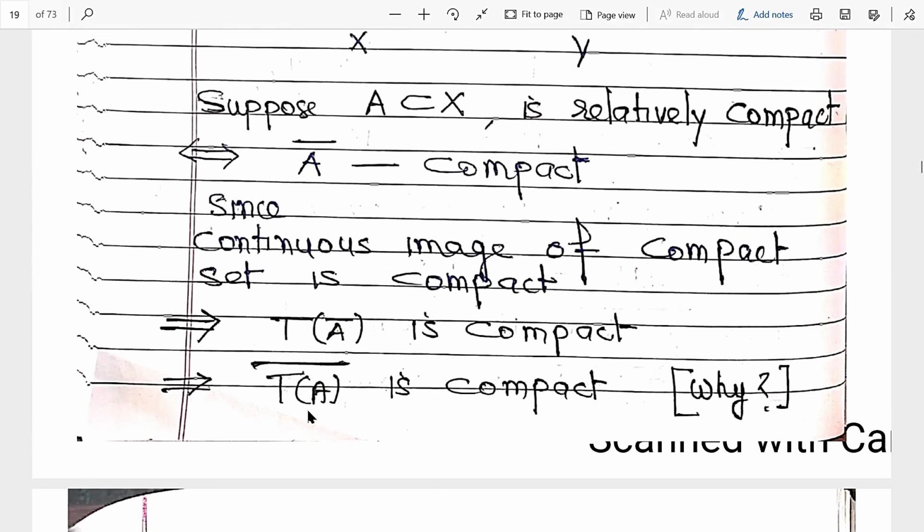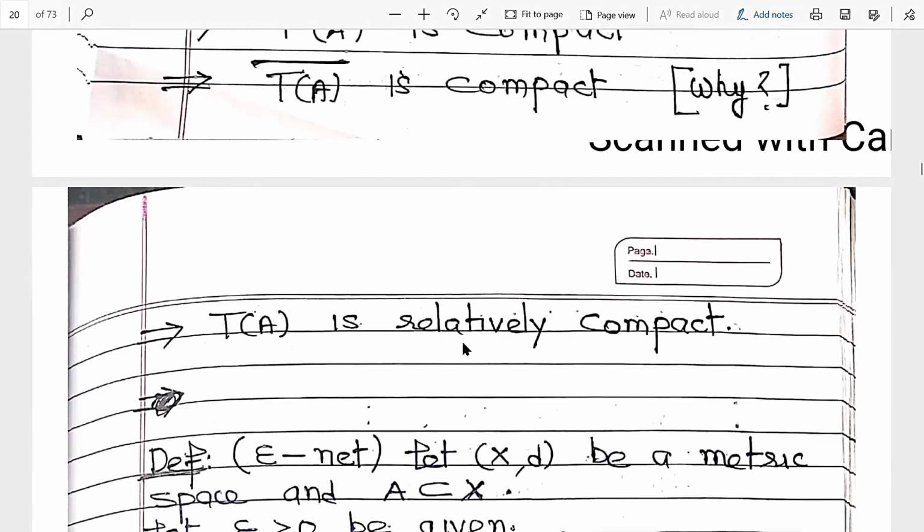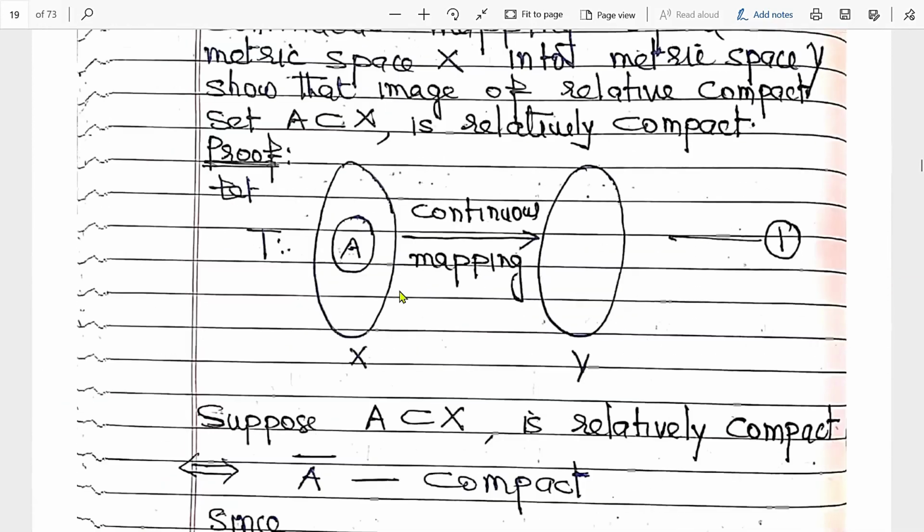This can be written in this form. So T of A closure is compact. Then it means T of A is relatively compact. Then it means the continuous image of a relatively compact set is again relatively compact, right? So this is a very important result.